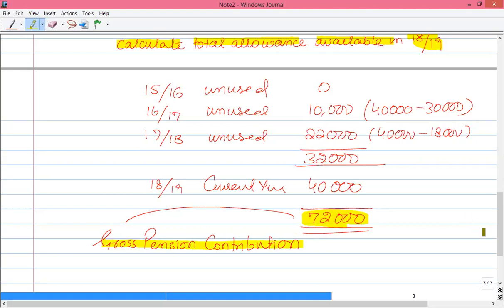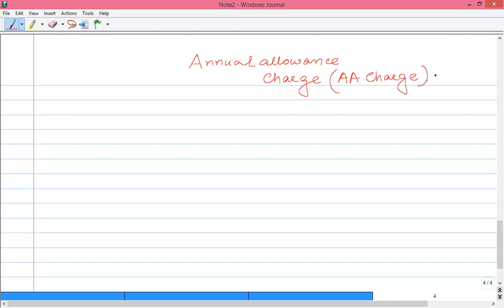Now let's discuss what the annual allowance charge is.